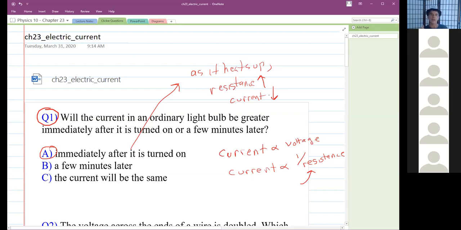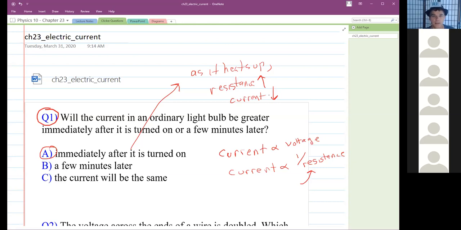When is it that a light bulb burns out? 99 times out of 100, a light bulb burns out right when you turn it on, because that's when it's coolest. So the resistance is the least, so the current is the greatest. It's very rare to see a light bulb that's been on for an hour or 2 burn out. It's almost always as soon as you flick on the switch, because that's when the current is greatest, because that's when the resistance is smallest, because that's when the temperature is the lowest.